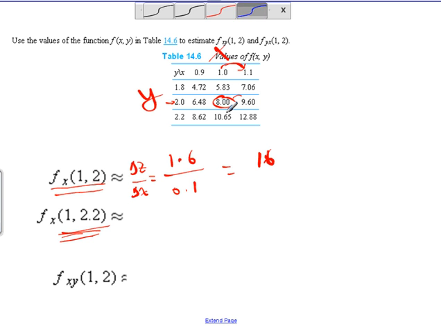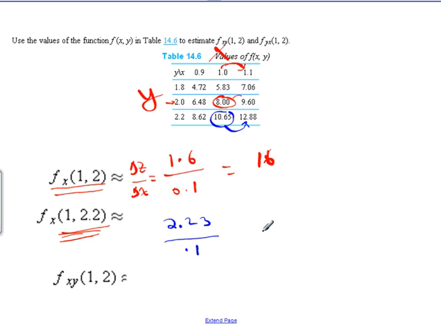So we go down to the point 1, comma 2.2. We say, okay, if I change my x value by 0.1, my z value goes up by 2.23. So that's a change of 22.3.